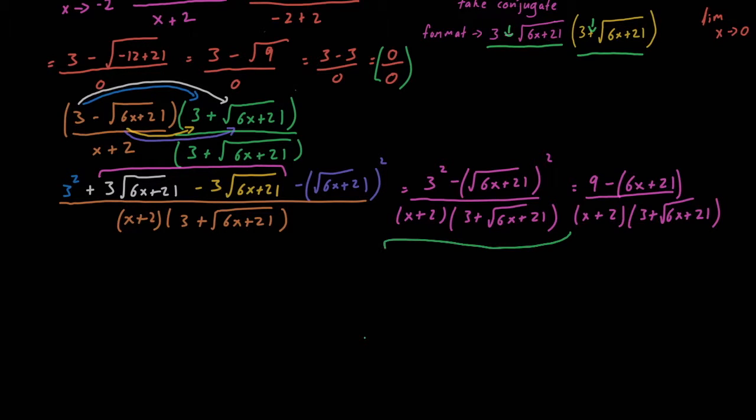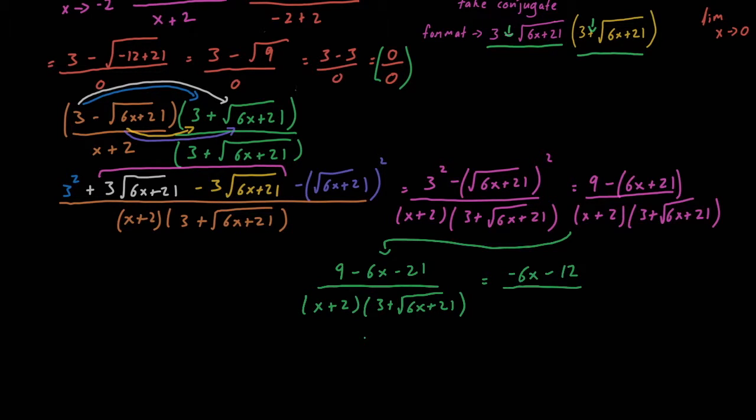Now if we simplify this, we will get 9 minus 6x minus 21 divided by x plus 2, 3 plus under root 6x plus 21. Then it would become negative 6x negative 12 divided by x plus 2, 3 plus under root 6x plus 21.